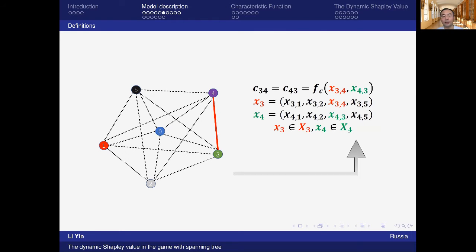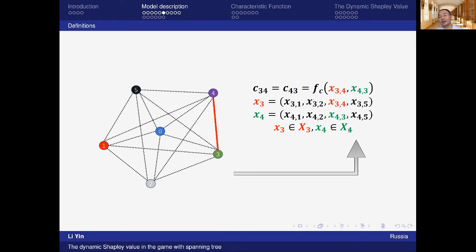For an arbitrary edge, the cost of edge c_34 is equal to the cost of edge c_43, which is equal to the cost function f_c. f_c is decided by x_34, the strategy of player 3 against player 4, and x_43, the strategy of player 4 against player 3.